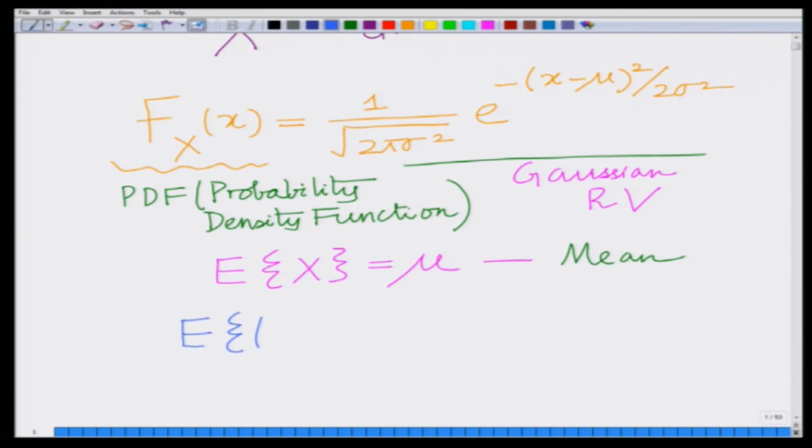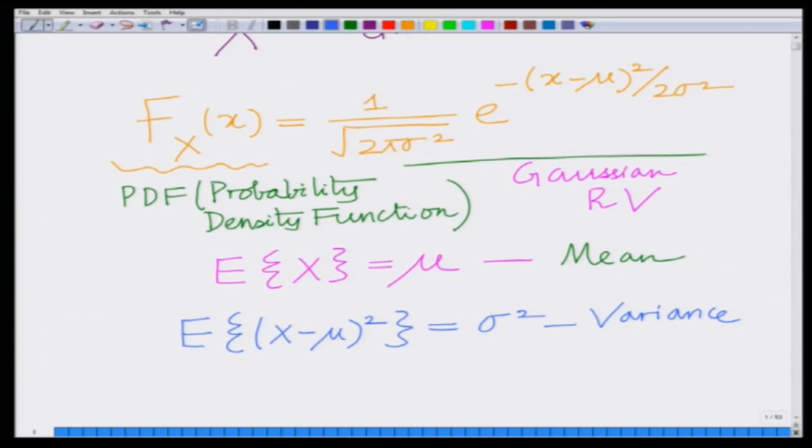That is, the expected value of (x minus mu) whole square is equal to sigma square, which is the variance of the Gaussian random variable.